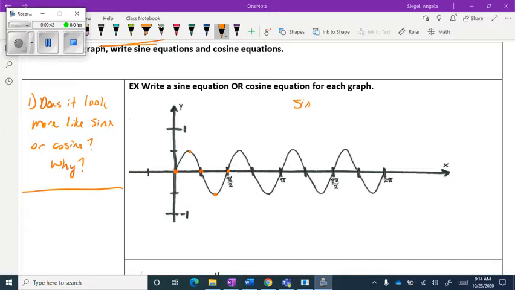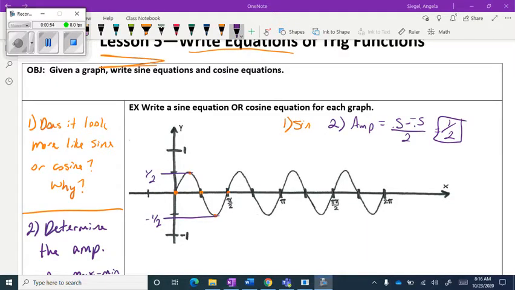Now I want you to think about the amplitude. So the next step is to look at the dots that I made, and what do you think the amplitude would be? Okay, so notice that it goes up to 1/2 and down to 1/2. So our amplitude is 1/2 in this case, but it doesn't always mean just because it goes up to 1/2 and down to 1/2.